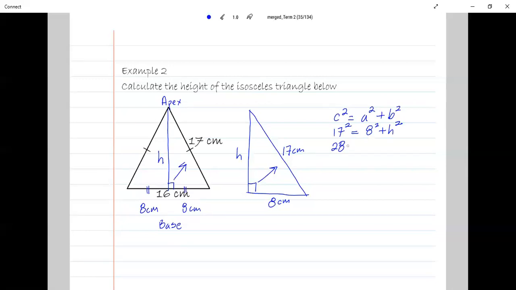289 is equal to 64 plus h squared. Positive 64 goes over and becomes negative. So h squared is equal to 225. The opposite of square is square root.